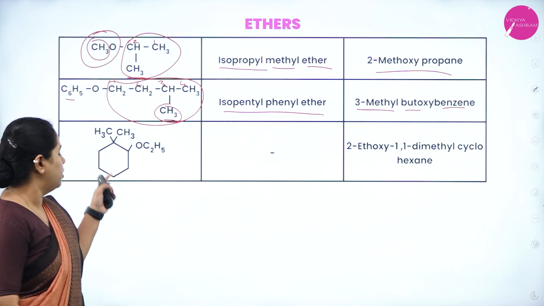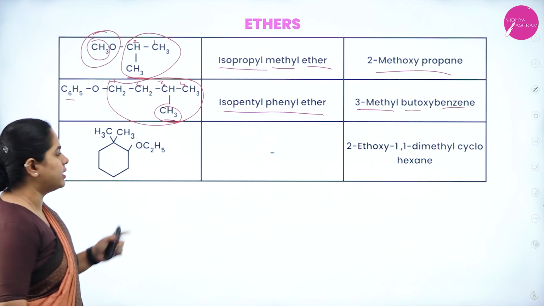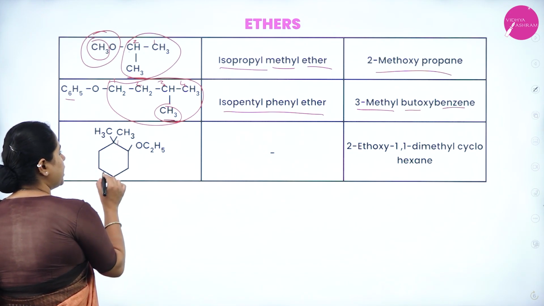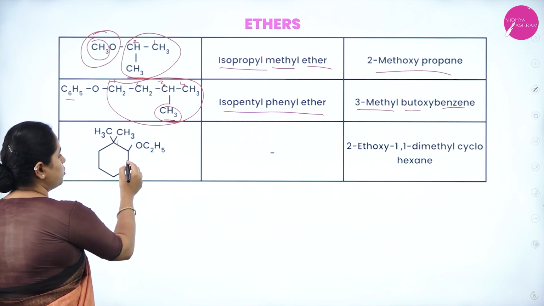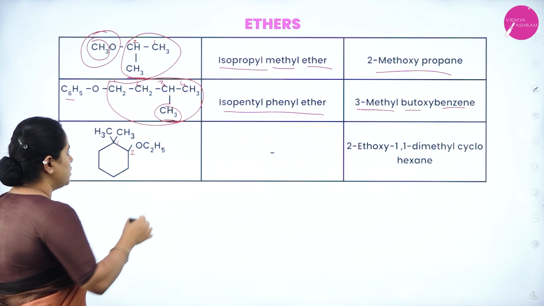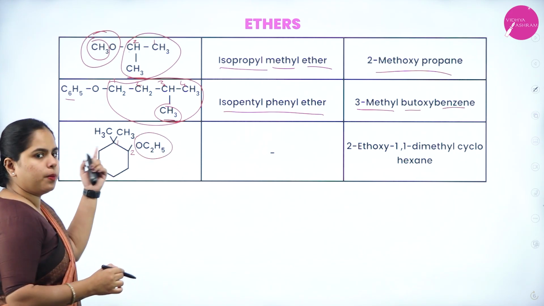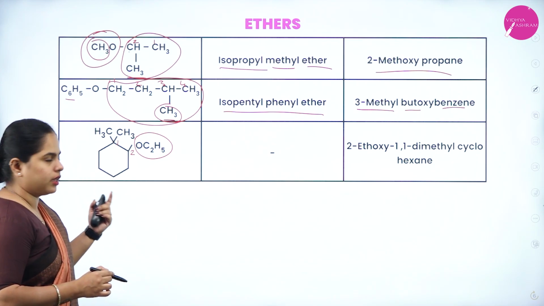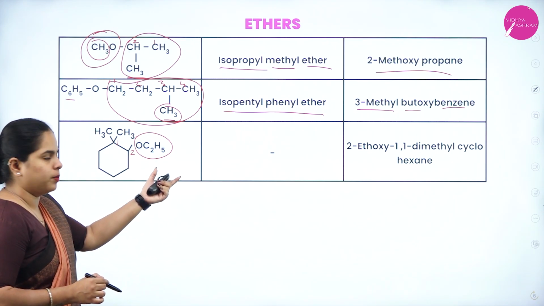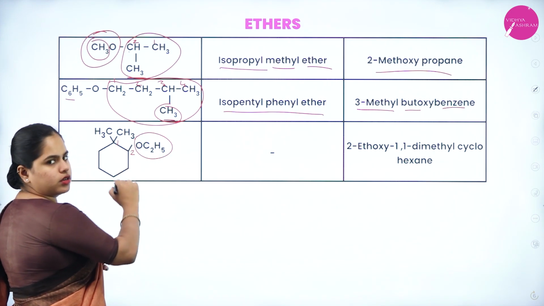It is not benzene because there are no double bonds here, right? This is cyclohexane, and on the first carbon atom you are having 2 methyl groups, and on the second carbon atom you are having an alkoxy group. So this is your alkoxy group, OC2H5, because this is the bigger one, right? 6 carbon atoms are there. So this is going to be your smaller one. So what will be the IUPAC name? As you can see, this will be ethoxy, right?